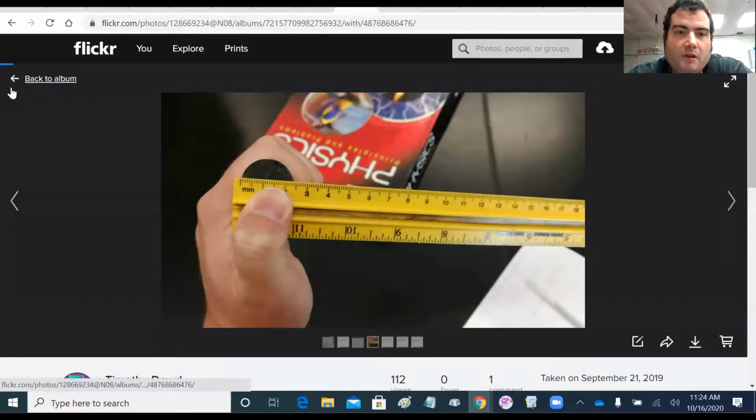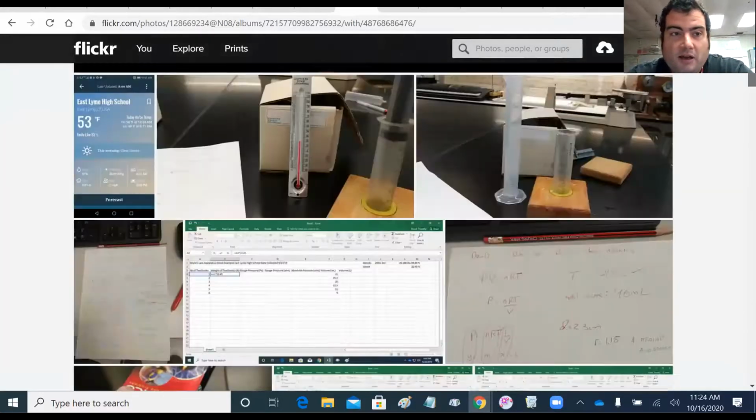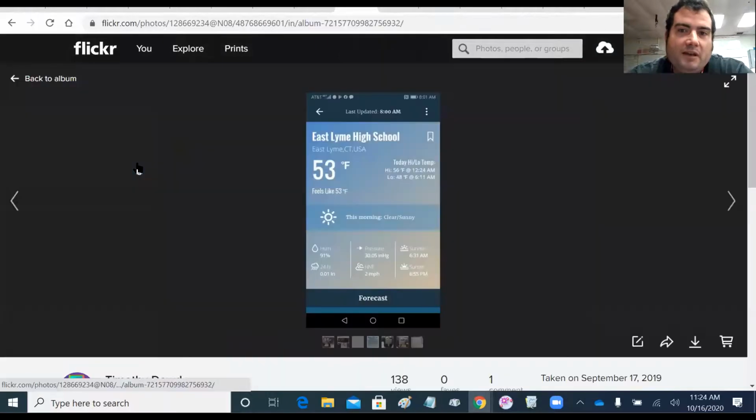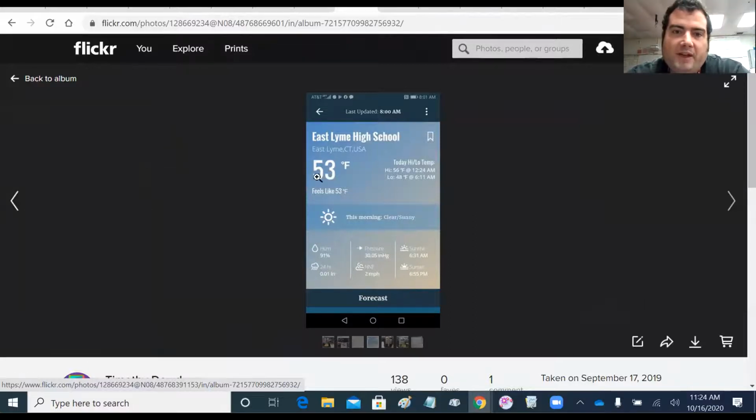Now, because we're doing this on Earth, which is not in a vacuum, we have to think about what the absolute pressure is. What I just told you will get us to gauge pressure, but we have to also add in atmospheric pressure to get a total pressure. So at East Lyme High School, we have a weather station for the Davis WeatherLink network.